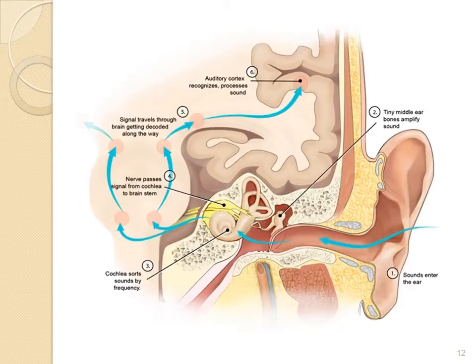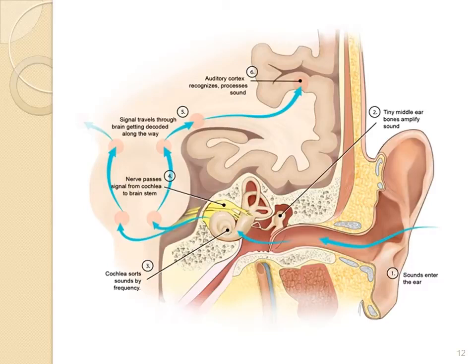After it reaches the brain stem, it travels as a signal a long way through the brain to reach the auditory cortex.